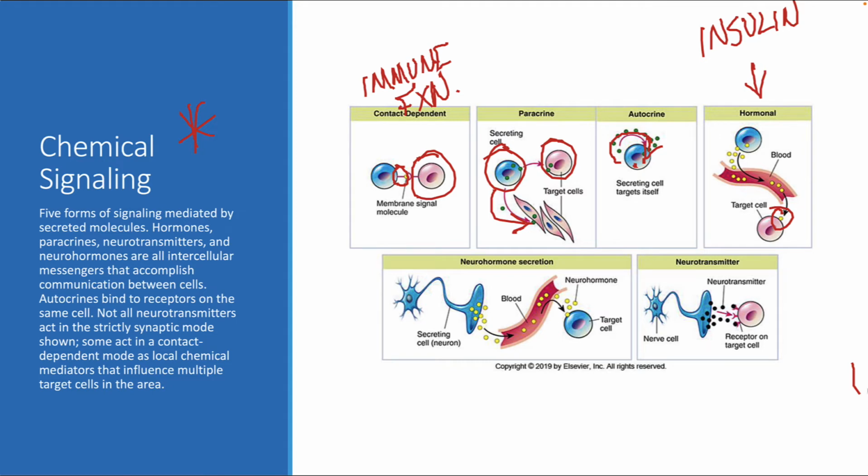It goes from the pancreas through the bloodstream, goes to every cell of the body, gets picked up on the membrane of every cell in your body, and causes the insulin response. There's neurohormonal secretion. This is what we're going to talk about when we talk about the renin, angiotensin, aldosterone system. That's a neurohormonal thing.